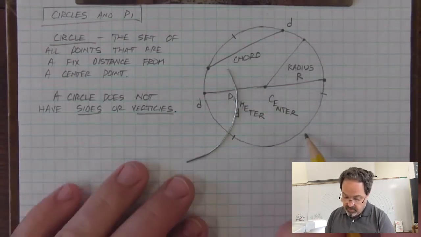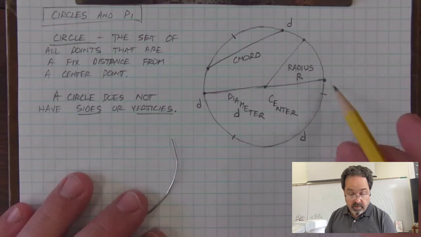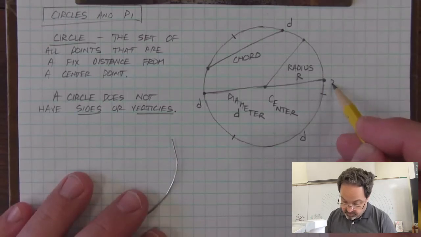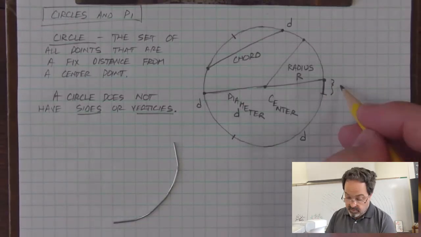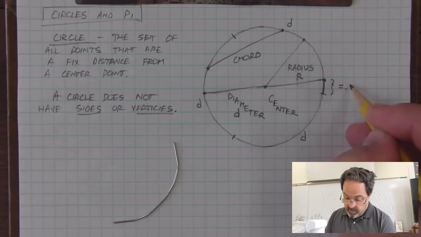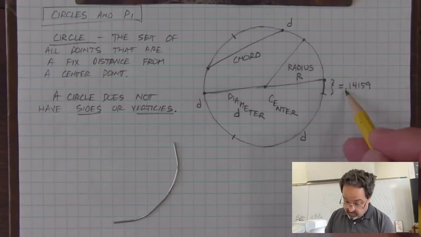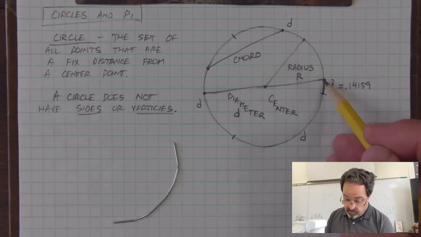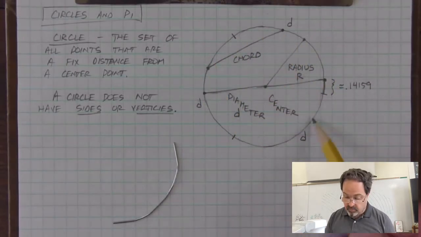A third diameter gets very close to completing the circle, but there is a little bit left over, this distance here, and this distance is known to be approximately 0.14159. It keeps going.